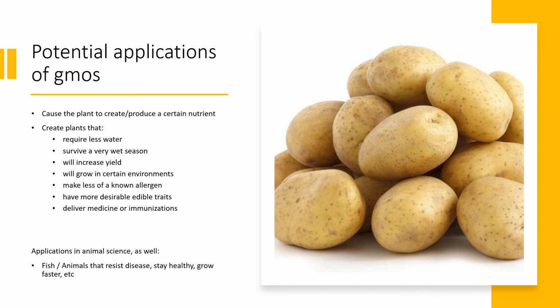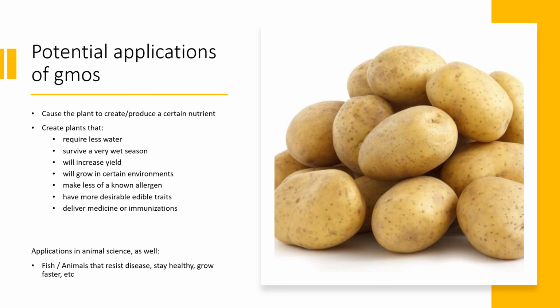Scientists are looking at all different kinds of ways to use GMO technology, creating plants that need less water or that survive a very dry season or a very hot season, plants that increase their yield or that will grow in certain environments that they don't currently grow in. They can even look at plants that will make less of a known allergen.